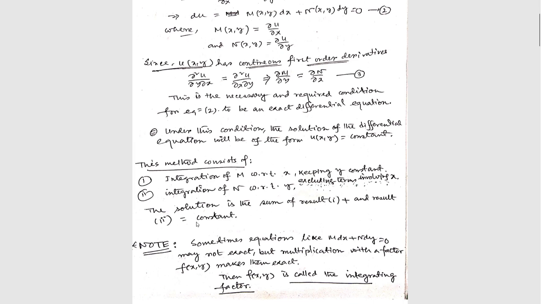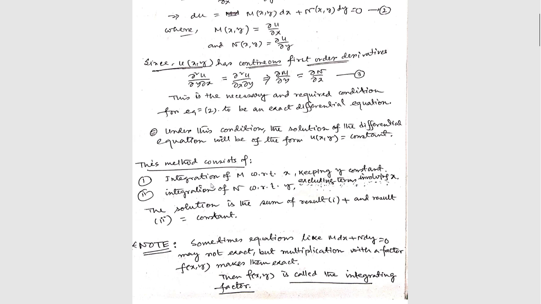That means those terms which have only the y component, involving only y, will be integrated with respect to y, and then add these two integrations, and that will be a constant.